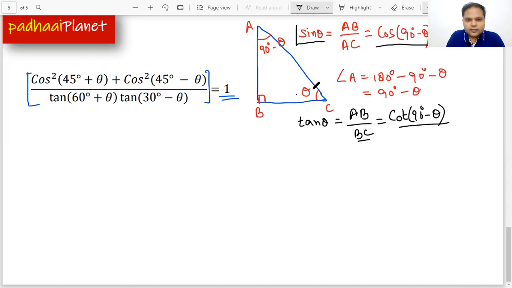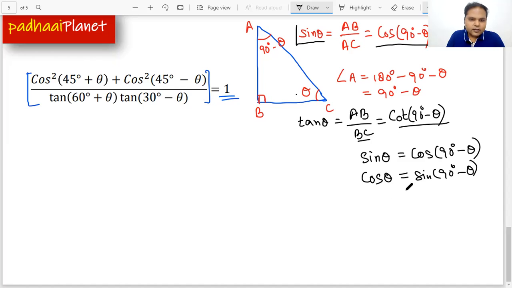So from this particular triangle, we have got important relationships. One is that sine theta is always equal to cos 90 degree minus theta, and it's vice versa also. We'll find that cos theta is also equal to sine 90 degree minus theta, correct?